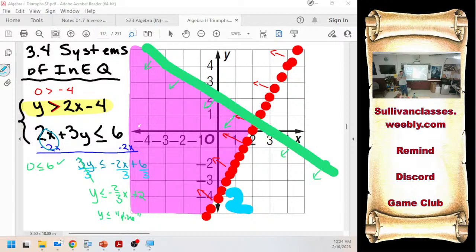So I'm just going to say 2 points for those 3 things. If you goofed one of those things, 1 off. If you goof 2 of those things, 2 off. Same thing for the pink line. And then 1 for shading.